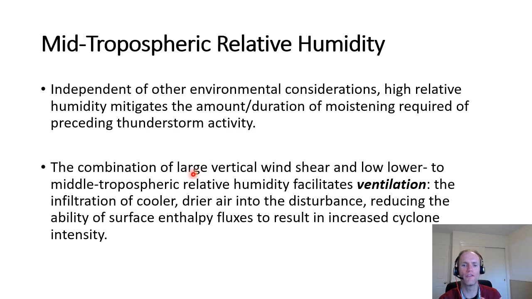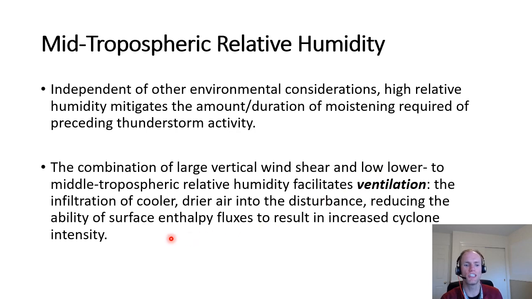And we refer to this combination of large vertical wind shear from the environment to the storm and low relative humidity as ventilation. It's just like ventilating somebody with oxygen or ventilating your house by opening up the windows. You're bringing air in from the outside. And the properties of this air are cooler and drier, which fosters evaporation, which mitigates the extent to which the center is warm relative to the surroundings.